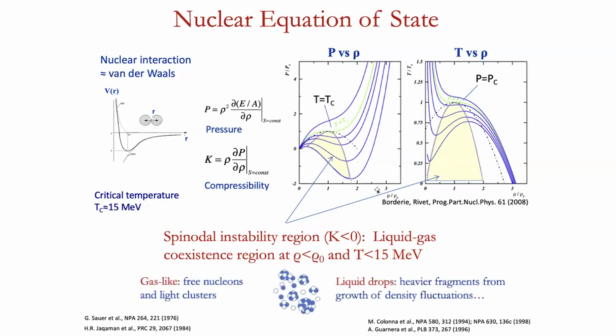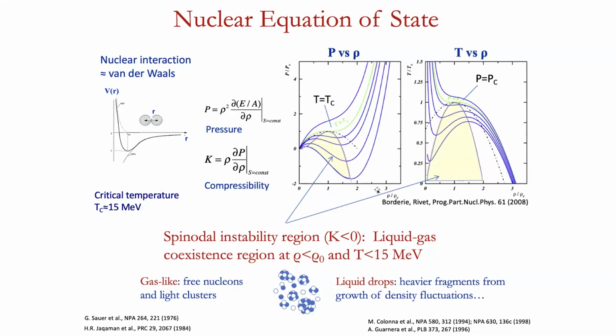And from a phenomenological point of view, usually we call a gas-like phase when you break the system into individual nucleons or light clusters. So you imagine you have a collision at high energy, you destroy completely the system, you associate this to a sort of phenomenology of the gas phase. While on the other hand, when you have heavy nuclei, you have studied for sure the liquid drop model. It's a liquid because indeed nuclei behave like liquids.